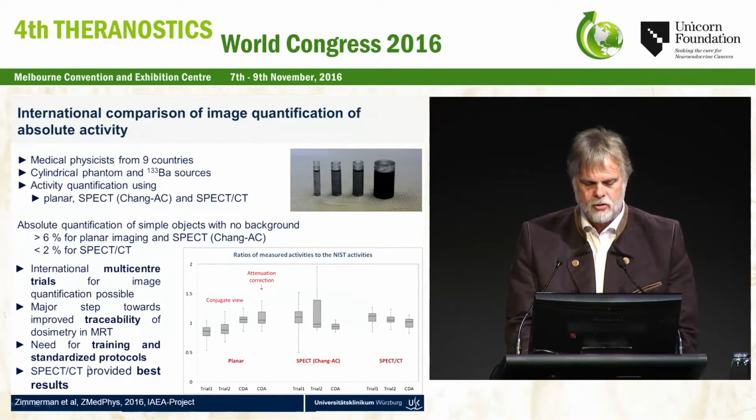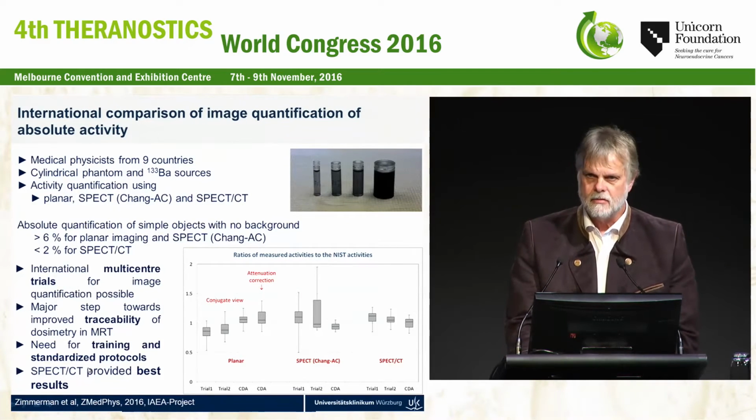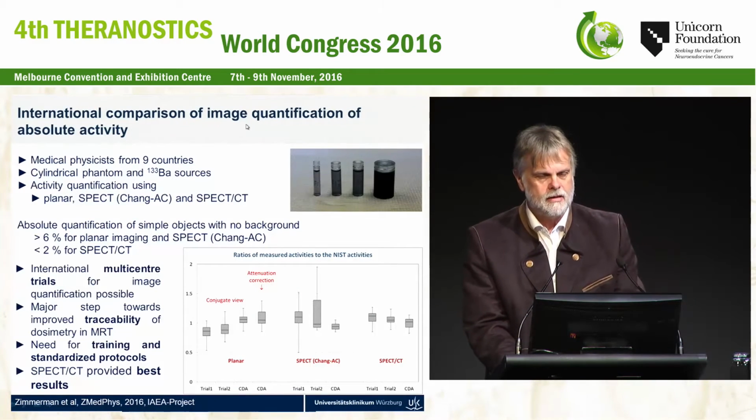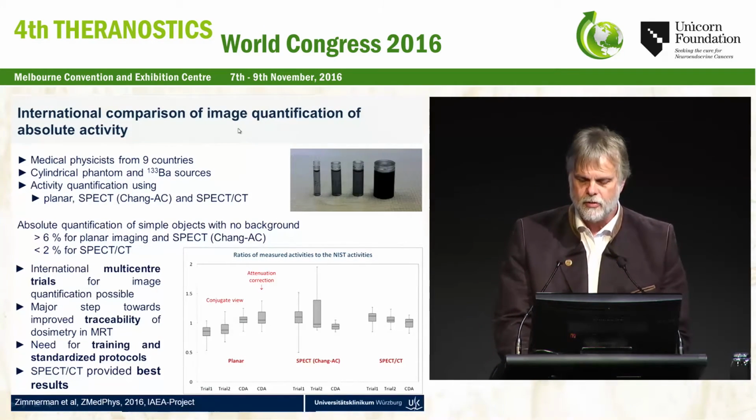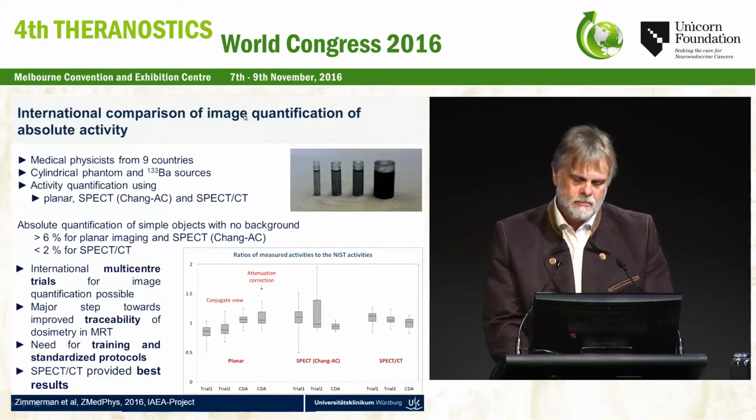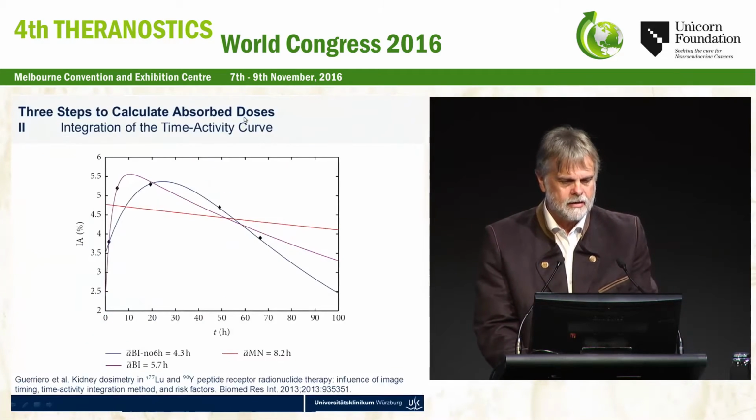And of course, we showed that SPECT-CT provided the best results. So I think for dosimetry nowadays, it's mandatory to have at least one SPECT-CT scan for good quantification. Of course, you can get by with a SPECT if you know what you're doing, but the more you reduce the technology you have, the larger the uncertainty will get.